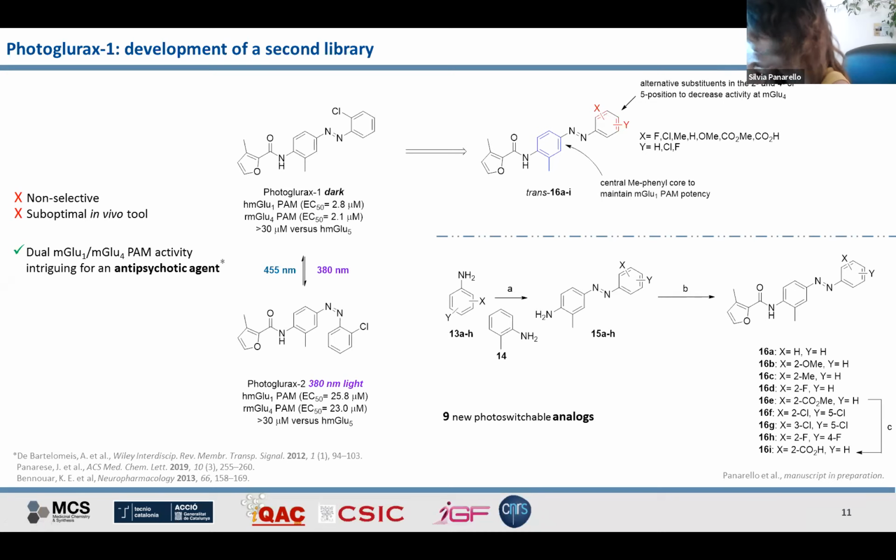These structural modifications were designed to decrease activity at mGlu4, trying not to impact negatively on that of mGlu1. So 9 new photoswitchable analogs were synthesized with the 2-step synthesis.